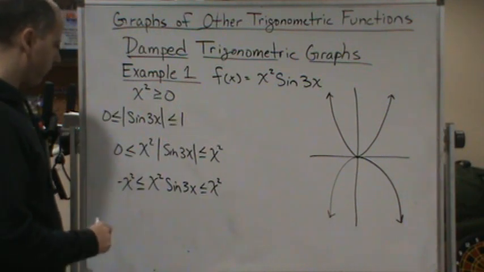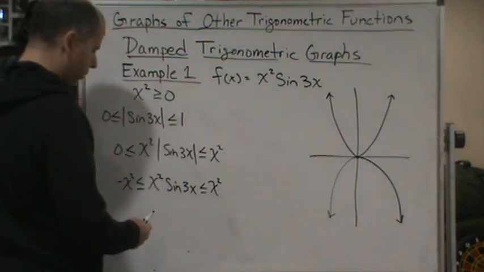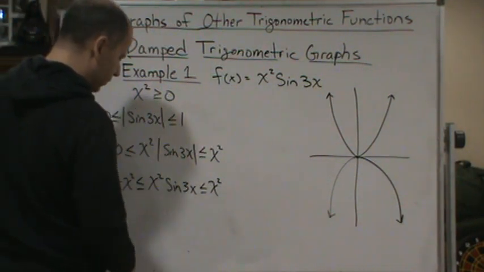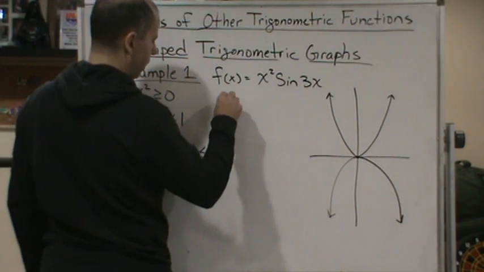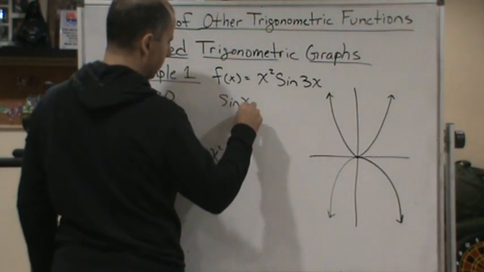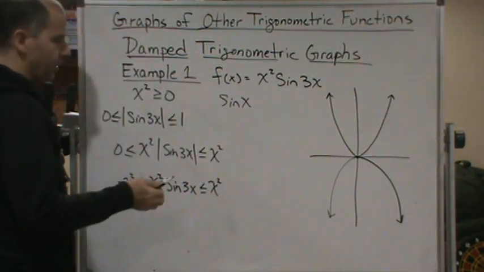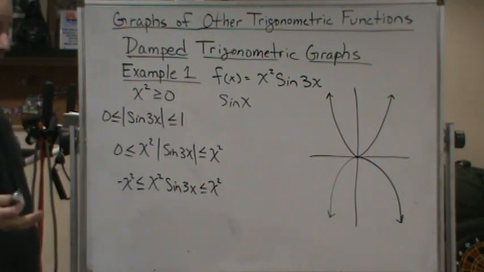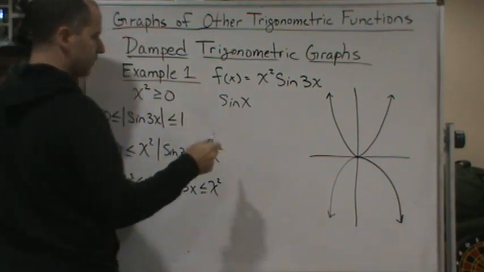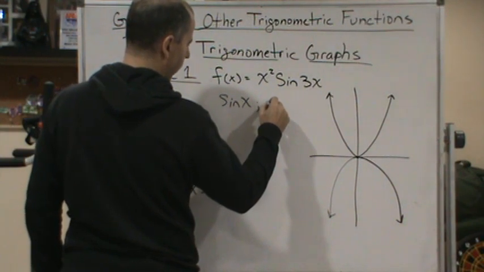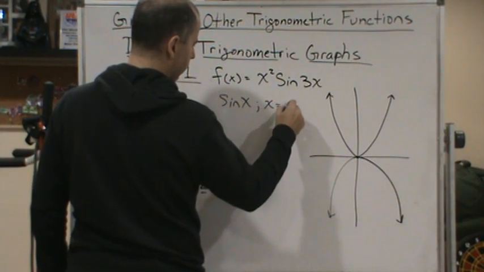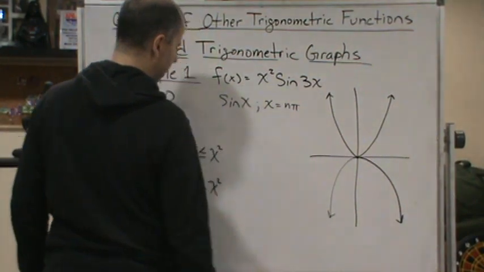Okay, let's go back to sine 3x. Let's start with this: sine x is going to cross the x-axis when x is equal to n times pi.